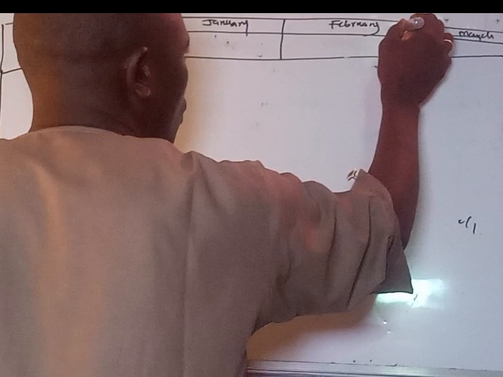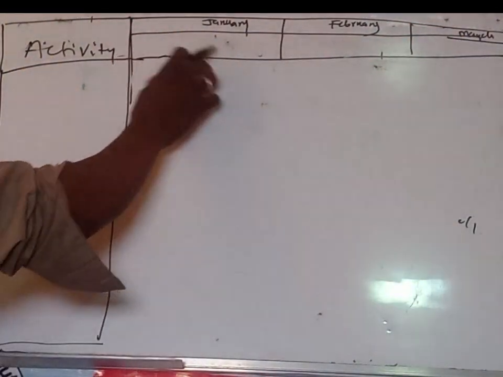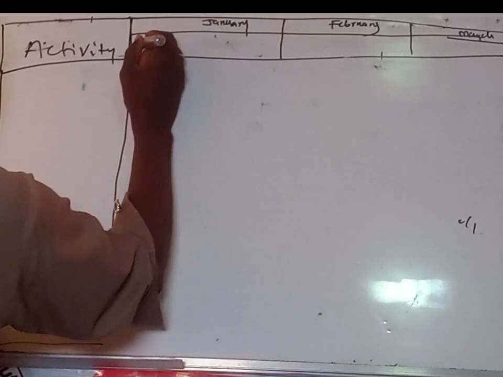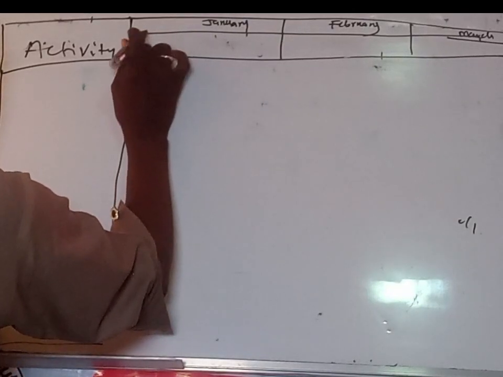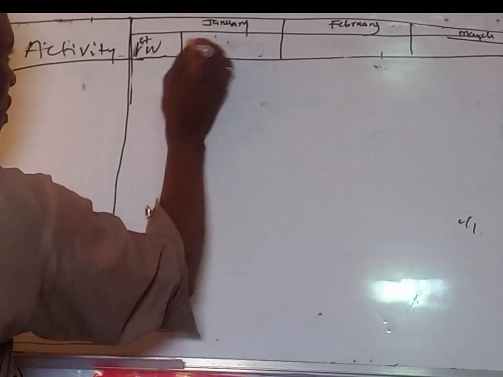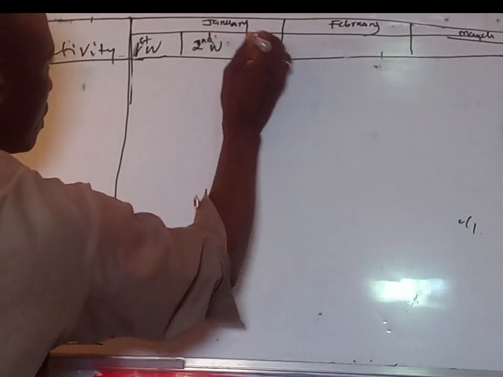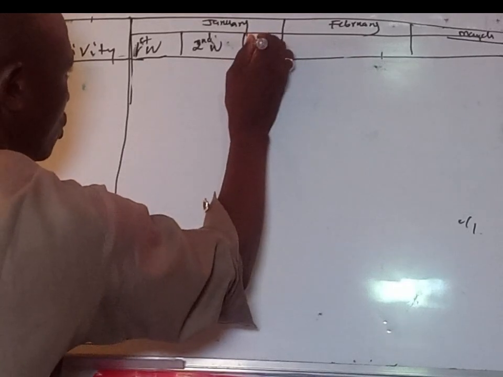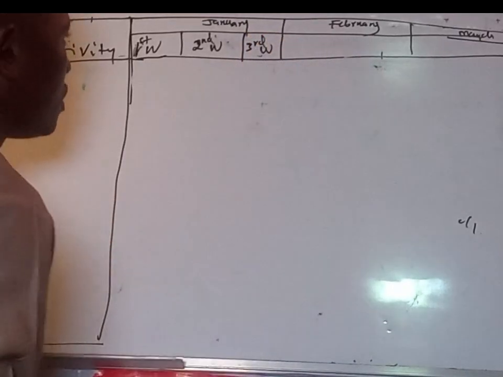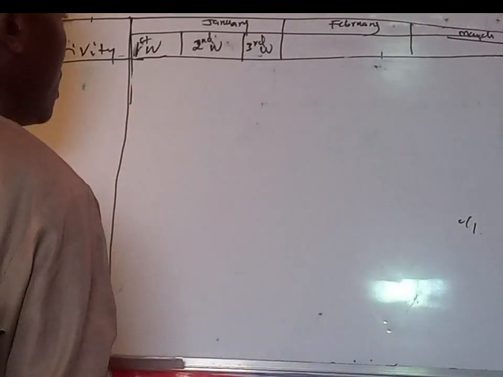Each is going to be allocated a certain number of weeks, right? In the first week, second week, and then third week, or it should be 4 instead, right?